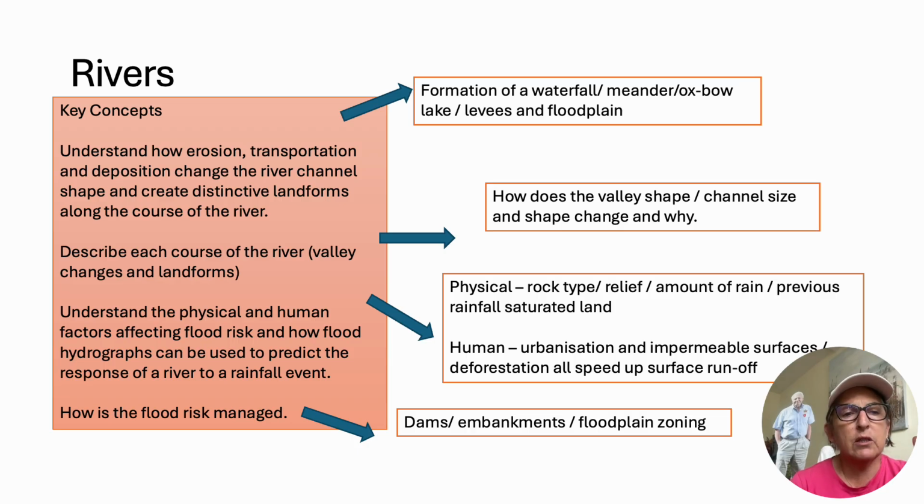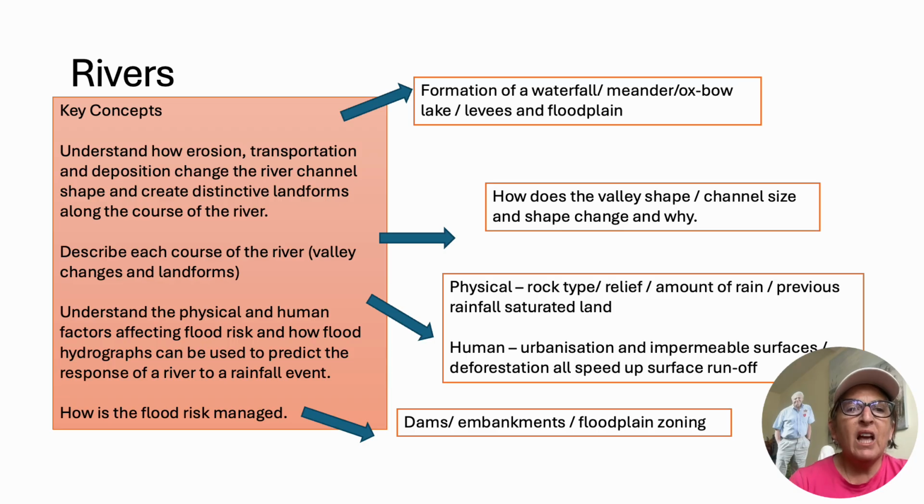So from its source in the highland or in upland down to its mouth where it joins the sea. And as the river goes on its journey, its channel shape will change, and also the landforms that you see in the upper course, the middle course and the lower course will also change. They are distinctive and they will be directly linked to one or all of those 3 processes.